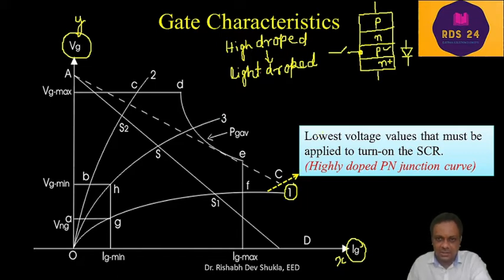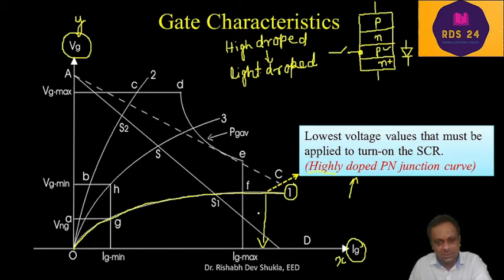Curve 1 is drawn with the assumption that our PN junction is highly doped. When the PN junction is highly doped, the characteristic is towards the Ig axis.